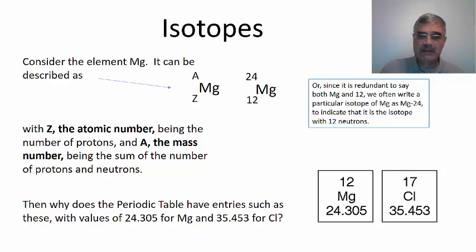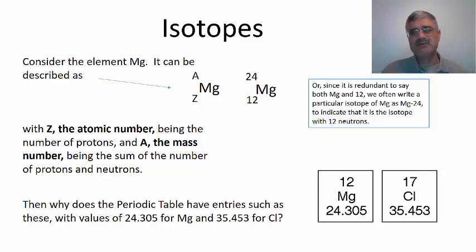We also can describe it with a mass number, what is called A, the mass number. And this mass number can be 24, in which case magnesium will have 12 protons and 12 neutrons, because the sum of protons and neutrons is the mass number. So this is a simple way that we represent magnesium.